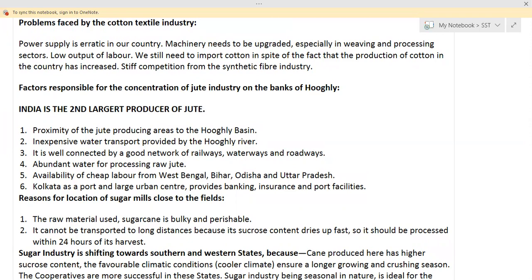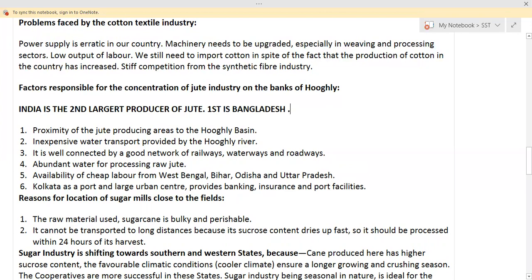The first is Bangladesh, our neighboring country.